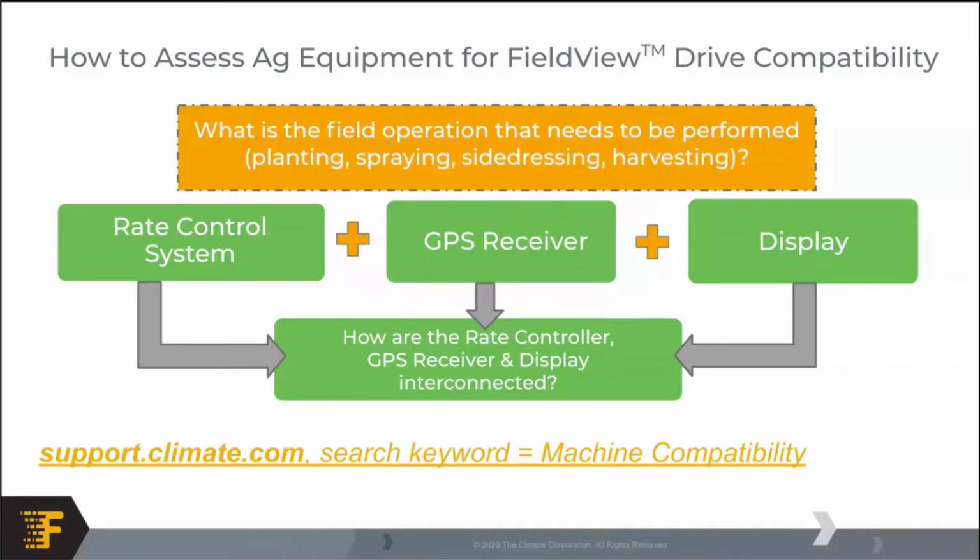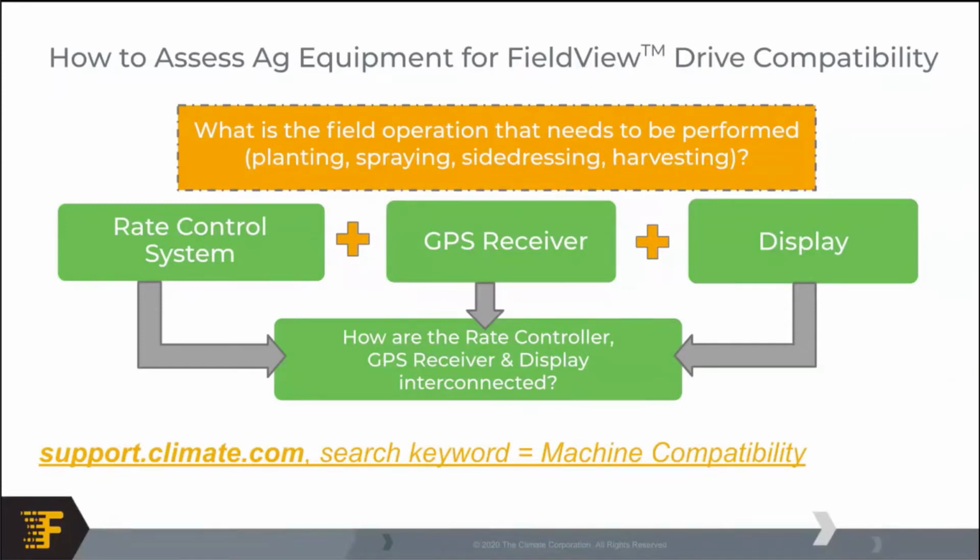So the first thing I want to touch on, when we look at FieldView Drive compatibility, and if we're going to be able to use the FieldView Drive in the Cab app in the cab of the tractor or sprayer, is the things we look at in Climate and how we determine compatibility. So we look at our rate control system, the GPS receiver, and the display, and then we see how all those things are connected together to determine compatibility.